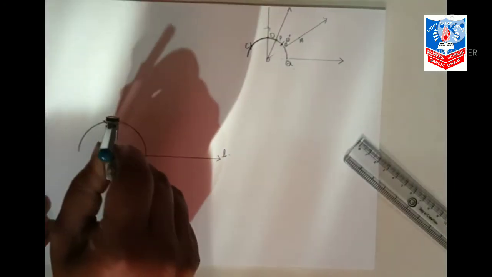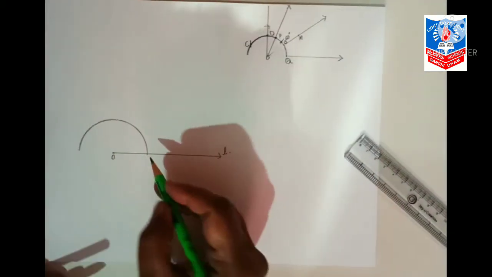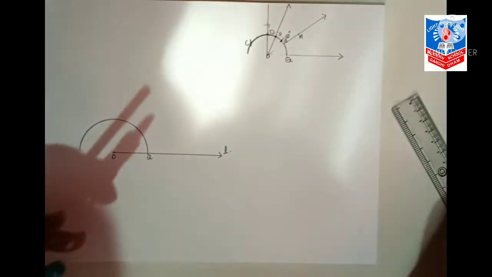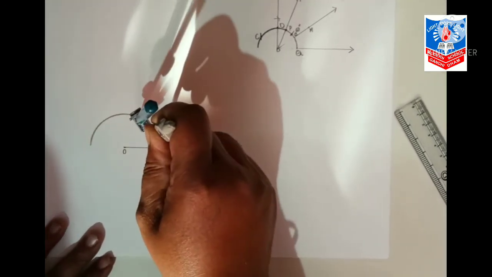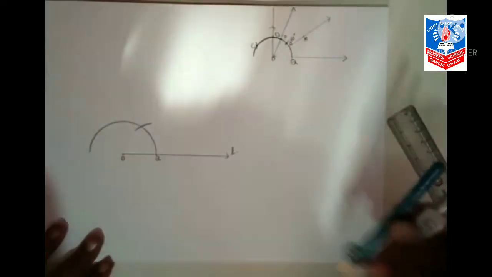Now let us name it Q. Now with center Q and the same radius, name it.